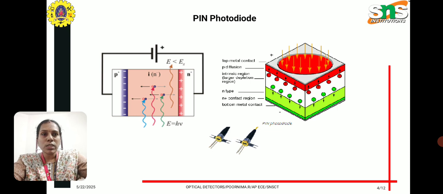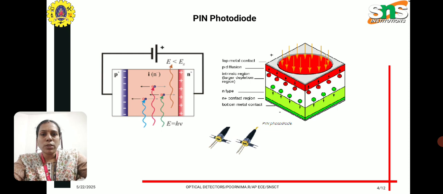First of all, we can see the picture of the pin photodiode, which consists of three layers: p-type semiconductor, n-type semiconductor, and intrinsic region. When a light signal is detected by the pin photodiode, it creates a current through the external circuit.